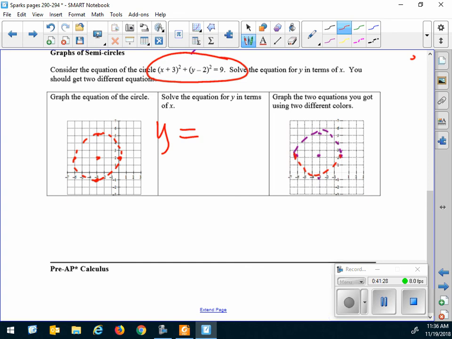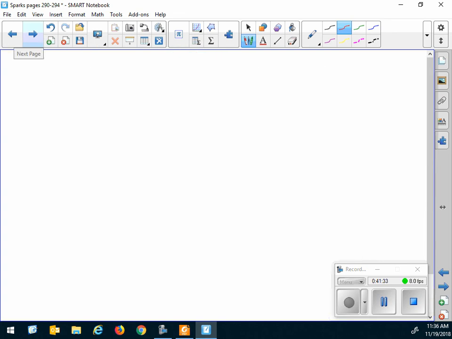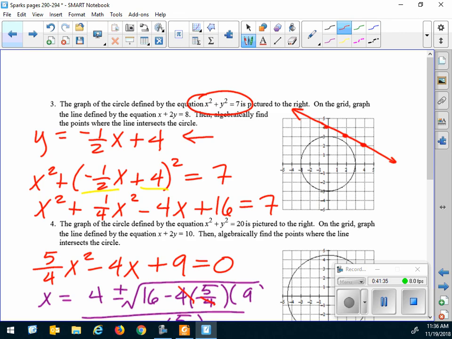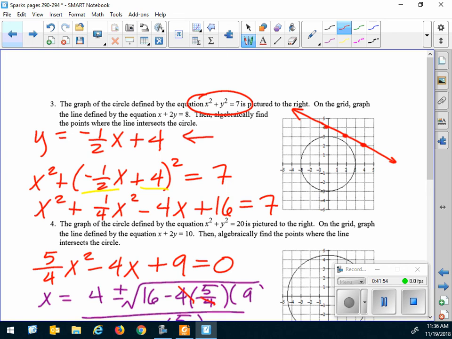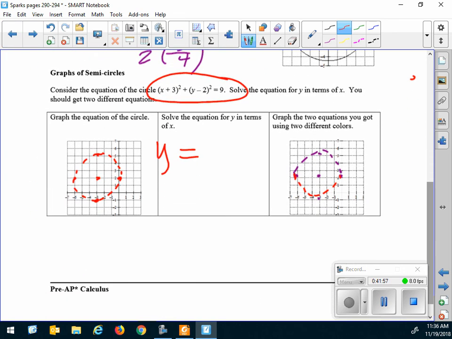Now there's one more piece that I want you to look at. What if we had taken that? Okay, so your last question. Since this isn't there, we're just going to change it right here because it's the same thing, except it's asking us to do what?